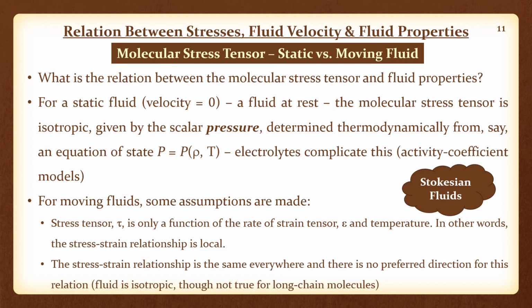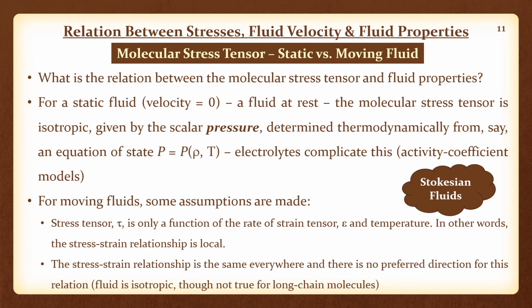This relationship should make sense whether the fluid is moving or static. Now let us look at the two cases. First, how do we obtain a relationship between the molecular stress tensor and fluid properties when the fluid is at rest?